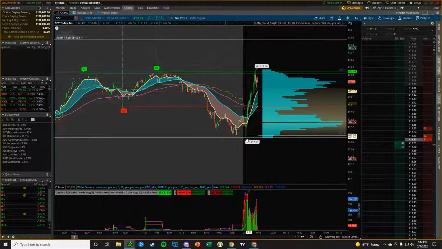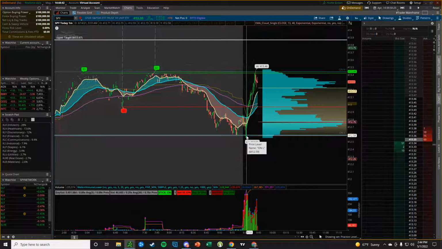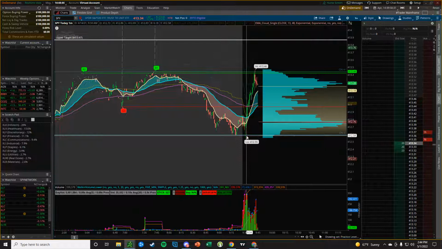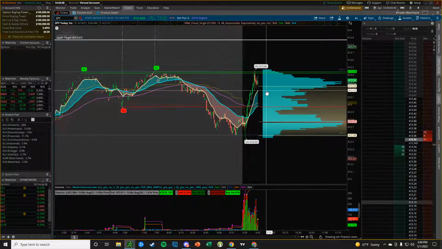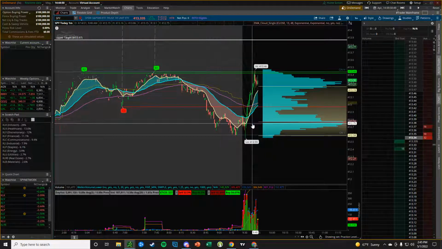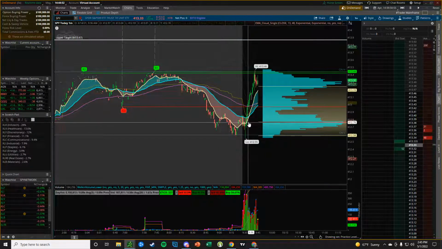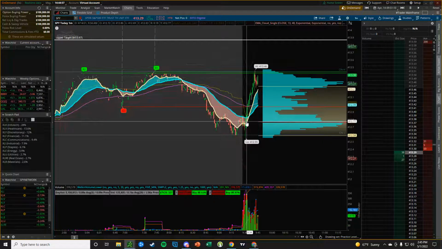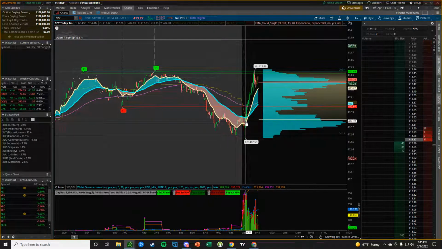Let's see. So we would have entered on this candle, 933. I just want to write this stuff down so that we've got an idea for when we're looking at the contract chart to figure out how everything would have gone. We closed at our point of control, the first one, so that would have been our 934 candle.